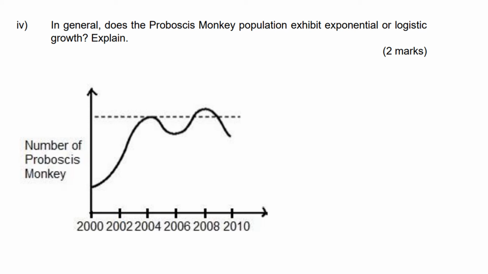Question 4. In general, does the proboscis monkey population exhibit exponential or logistic growth, and explain? So if you look at the graph for the growth of the monkey population, basically the population experiences logistic growth. Okay, so that is for the first mark. Why is it so?